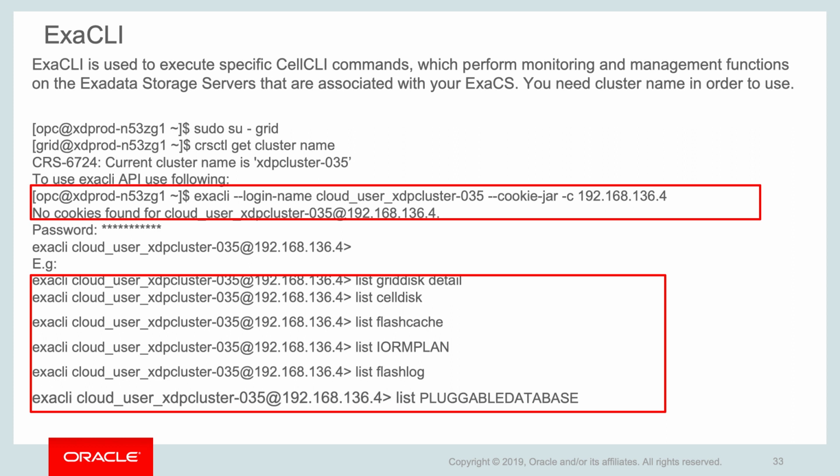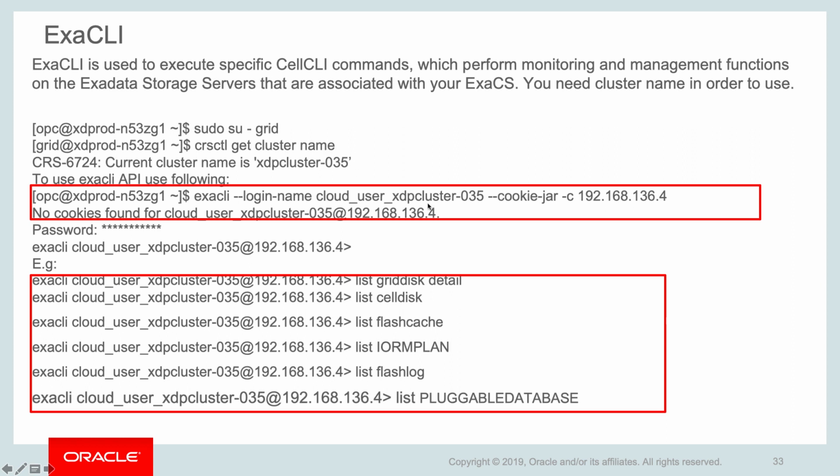This example shows exacli --login-name, and then cloud_user_ followed by the cluster name. This is the standard syntax for any environment: use cloud_user_ and the cluster name you got from the crsctl command.